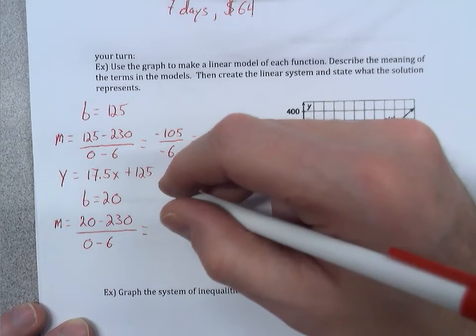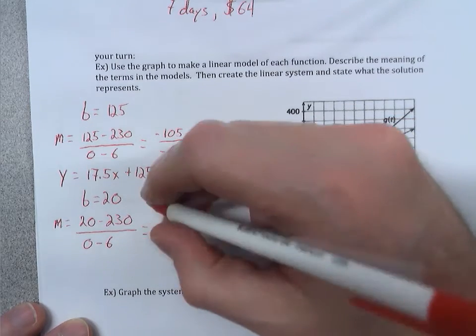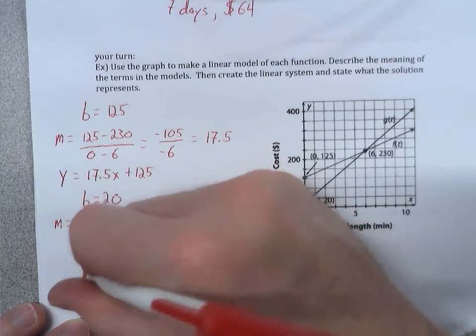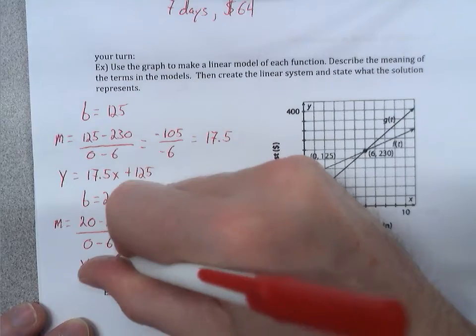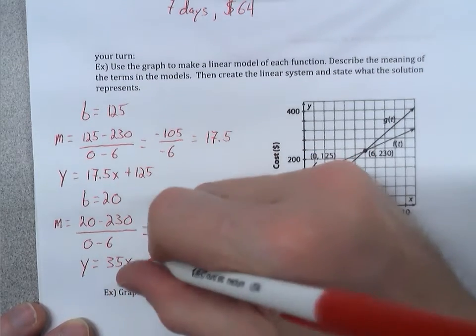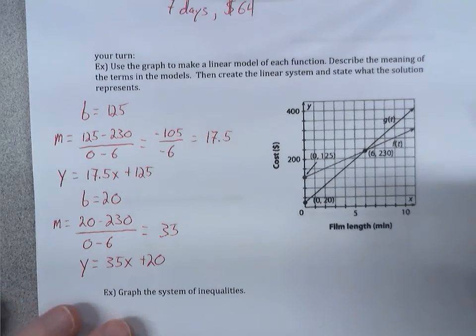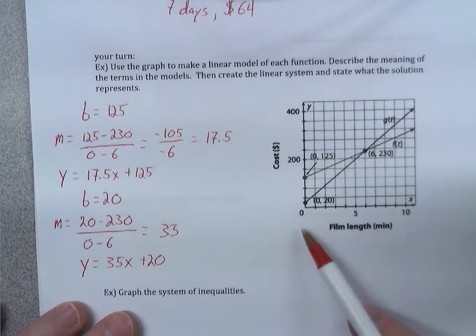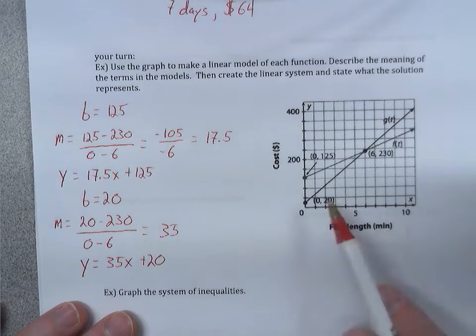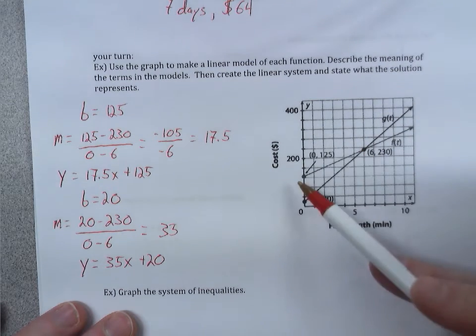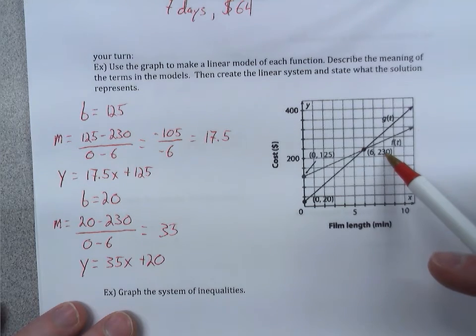That's going to equal 35, once I do all the math. So then y will equal 35x plus 20. And so what does this point mean? Well, if we notice here we have film length in minutes and then the cost. So in 6 minutes, both films are going to cost $230.